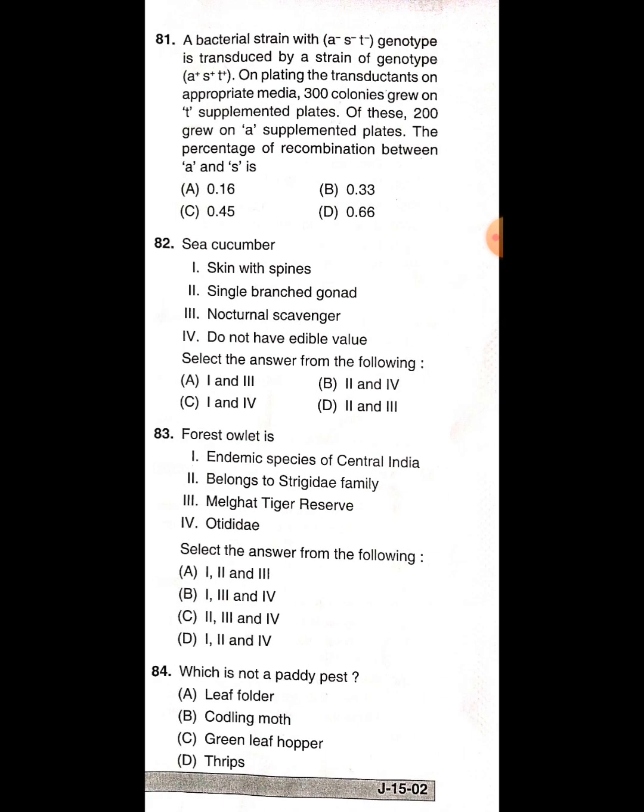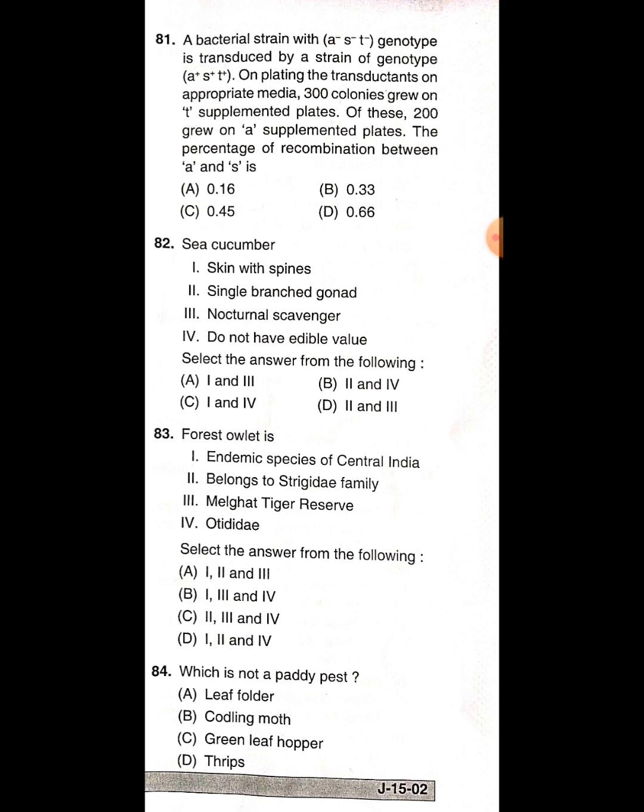A bacterial strain with A minus, S minus, T minus genotype is transduced by a strain of genotype A plus, S plus, T plus. On plating the transductants on appropriate media, 300 colonies grew on T supplemented plates. Of these, 200 grew on A supplemented plates.